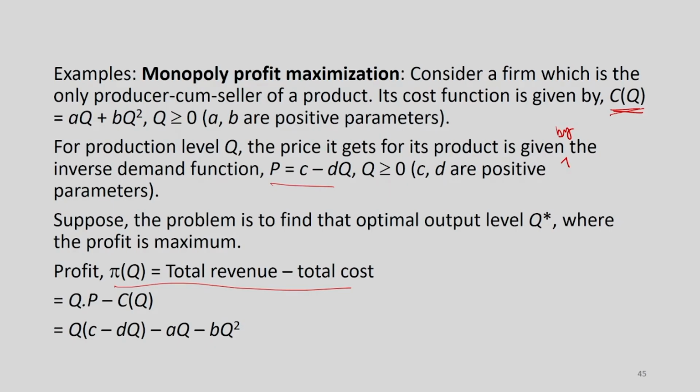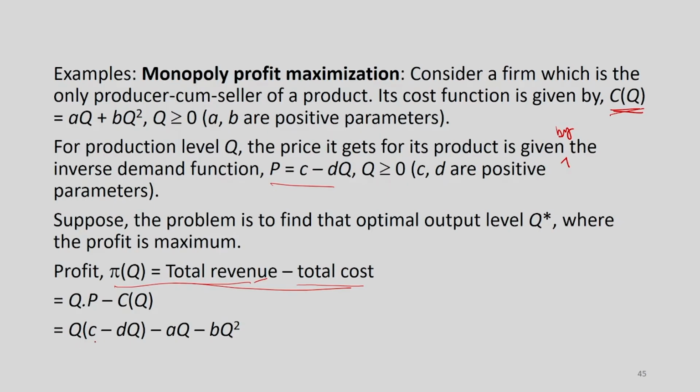Now, what is profit after all? Profit is what money you are getting by selling your product minus the cost that you have to bear to produce that product. So, that is the first element. The money that you are getting is called the total revenue, and the cost that you bear is called the total cost. And so, this boils down to total revenue, which is Q multiplied by P, minus the cost function itself, C(Q).